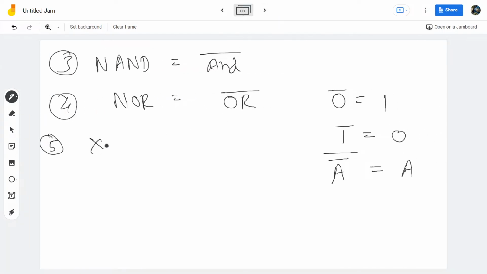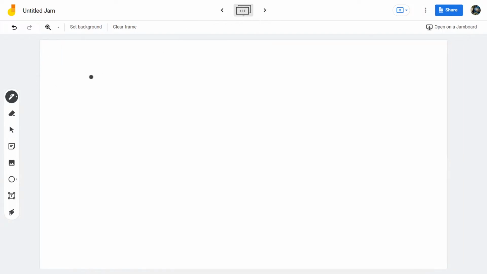The fifth one is XOR, which is exclusive OR. We can write XOR as this: A XOR B. And let's make a truth table of XOR to understand this.